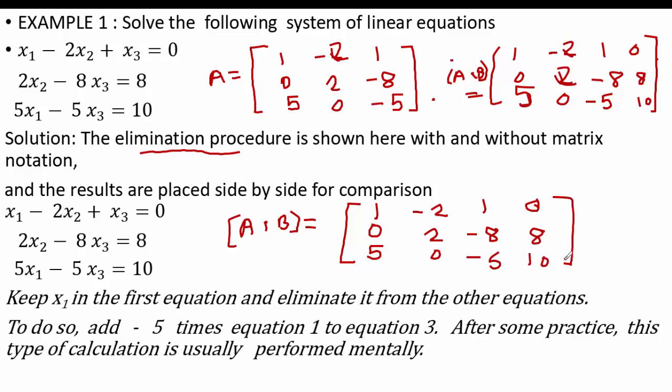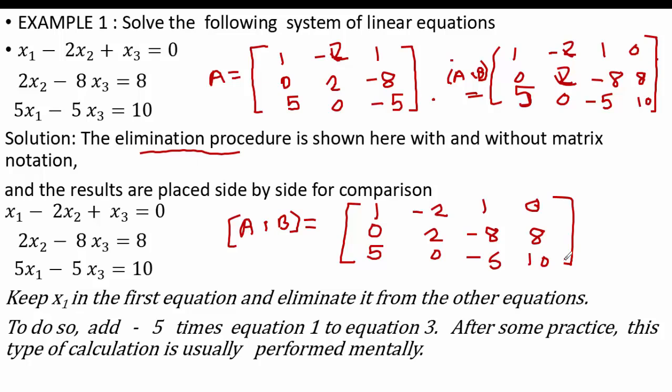Then for the elimination process, we shall keep x1 in the first equation and we shall try to eliminate it from the second and third equation. In the second equation, the x1 term is absent, therefore no need to do anything. But from the third equation, we have to eliminate x1. In the third equation, 5x1 is there.